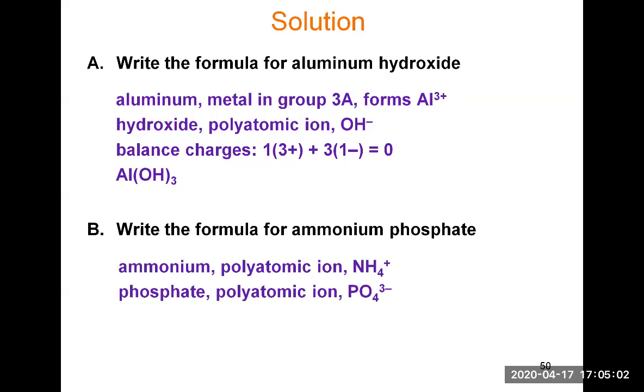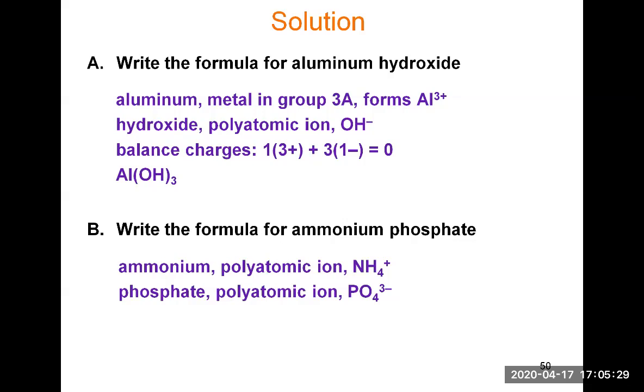So you want to place first the ammonium, then the phosphate. You can do the crisscross trick here. Be careful with how you do it. It's only the number in front of the charge that moves. You need to keep the 4 with the hydrogen in ammonium, because the 4 here means 4 hydrogens for 1 nitrogen.